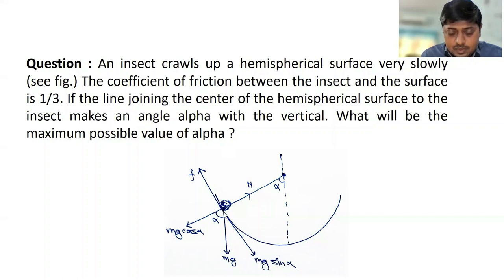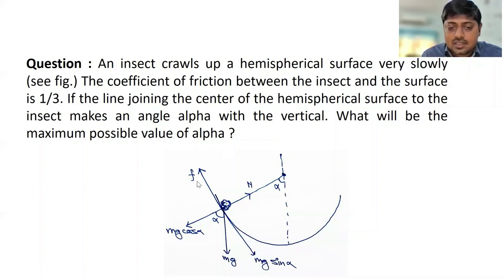So if it is not falling, it means the frictional force is higher than this component of force that is acting in the downward direction. But there will be one condition when it is slowly moving up. The value of mg sin alpha will increase because you are increasing the value of alpha, while the value of the frictional force will be constant.